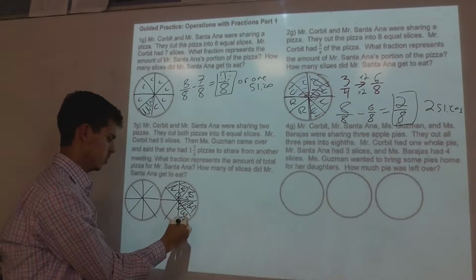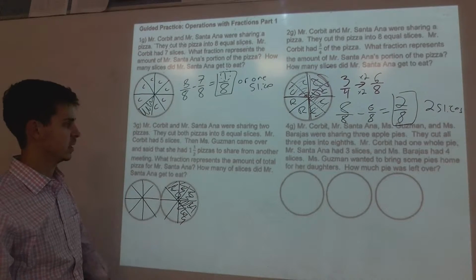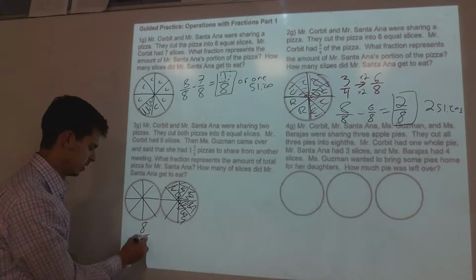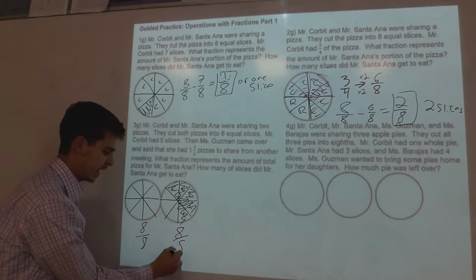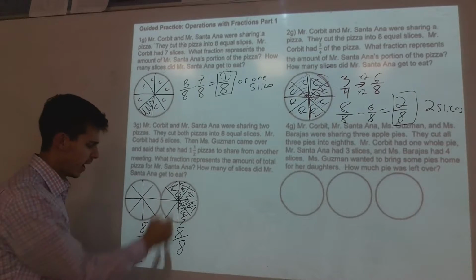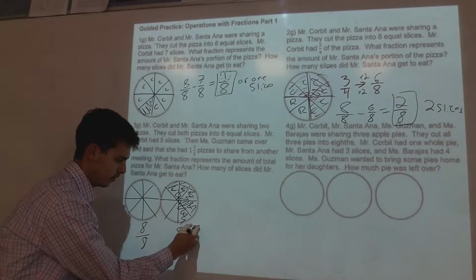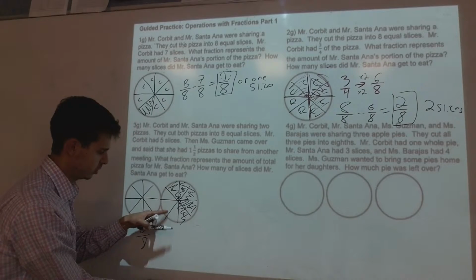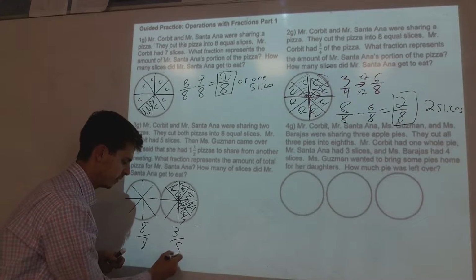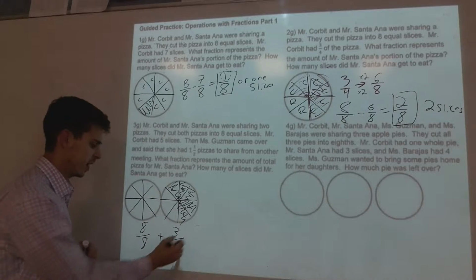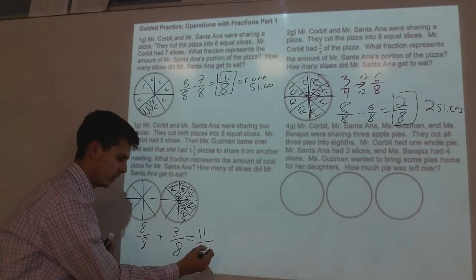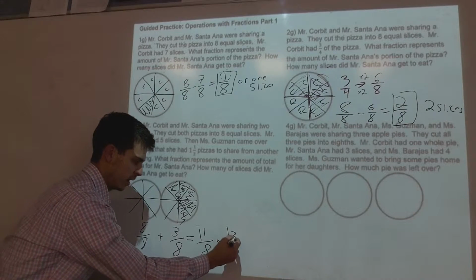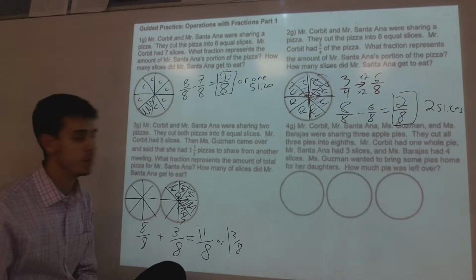So we have 8 out of 8 slices here, and 8 out of 8 slices here, but I ate 5 of them, minus 5 over 8, and that's going to give me 1, 2, 3/8 left here. So if I add up these fractions, that's going to be a total of 11/8, or 1 3/8 of the pizzas remaining.